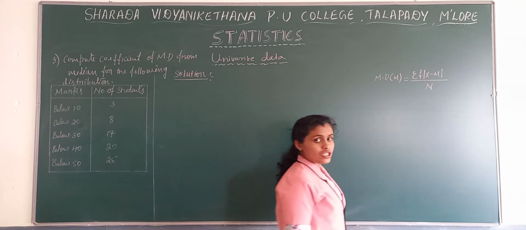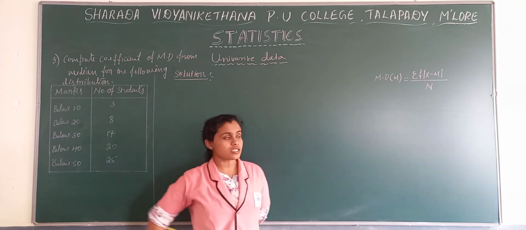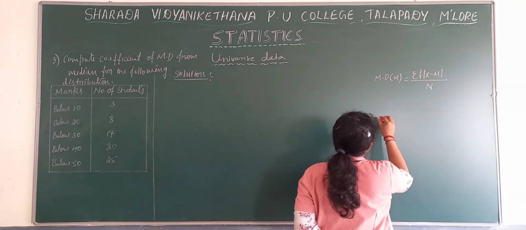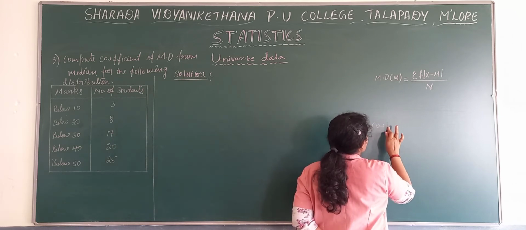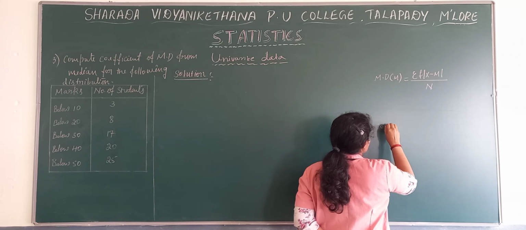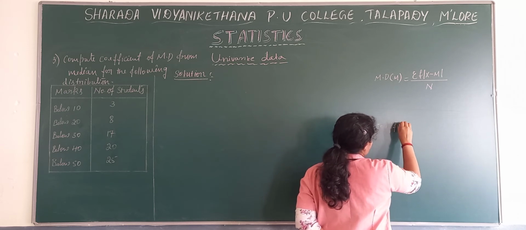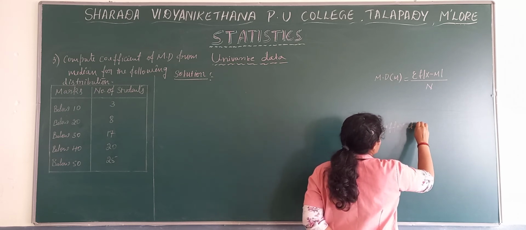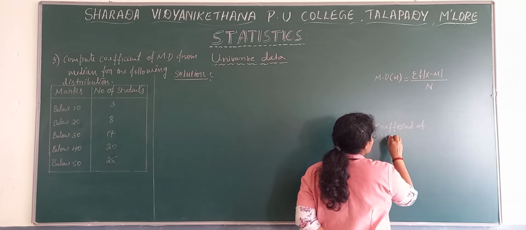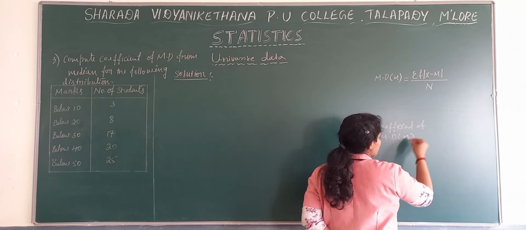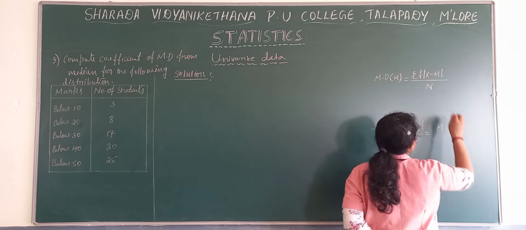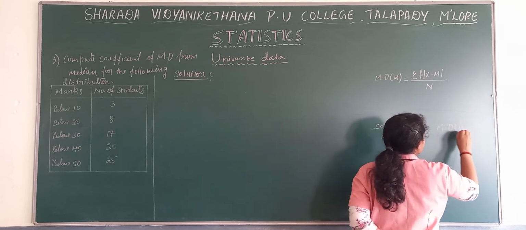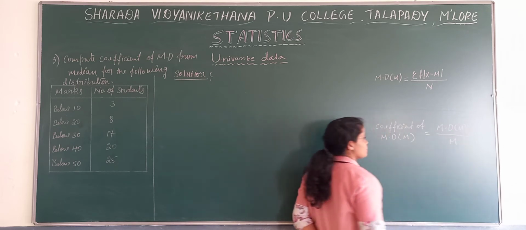There is no difference between the discrete and continuous formula. Then coefficient of mean deviation from median is equal to mean deviation from median, whatever answer we get here, divided by median.